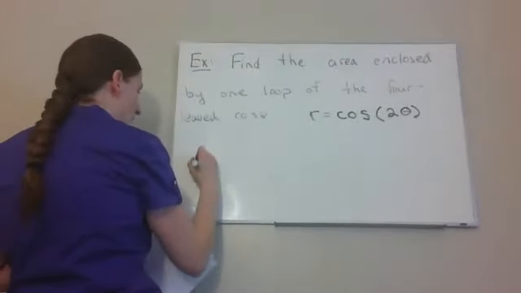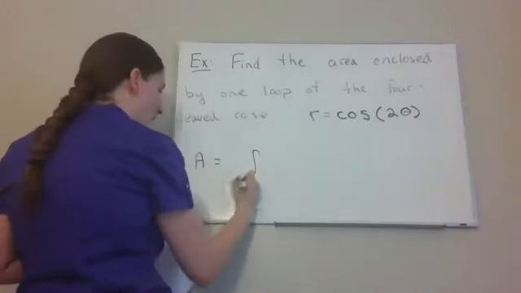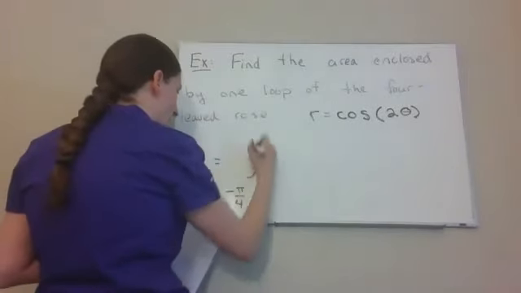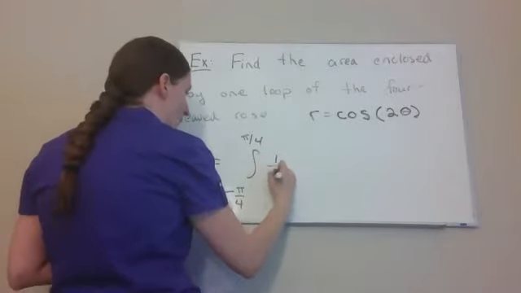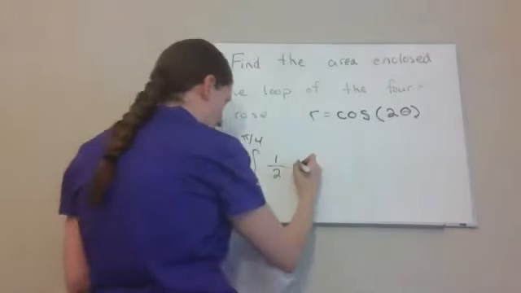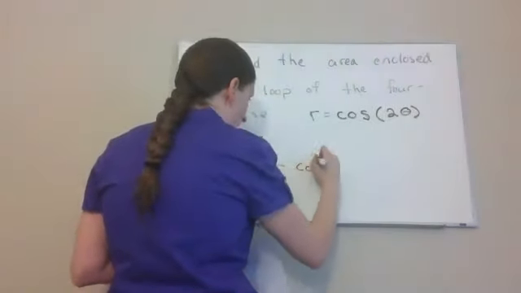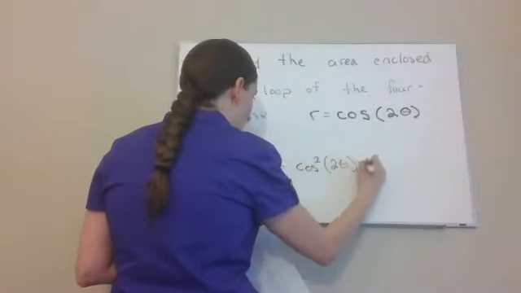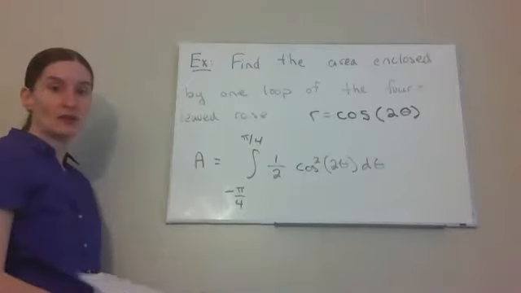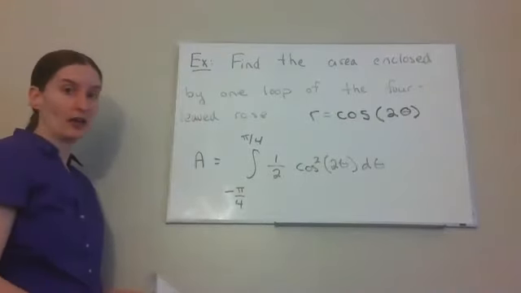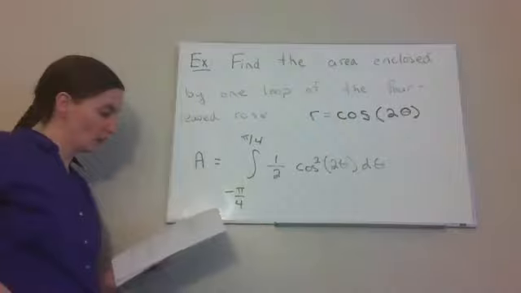One of my loops goes from negative pi over 4 to positive pi over 4. And my formula was 1/2 r squared. So I get 1/2 cosine squared of 2 theta d theta. And then I just have to do this integral, and I'll get the area enclosed by one of the loops.